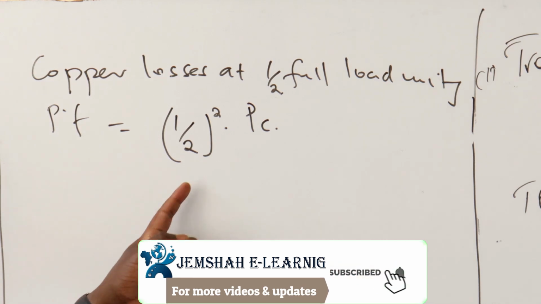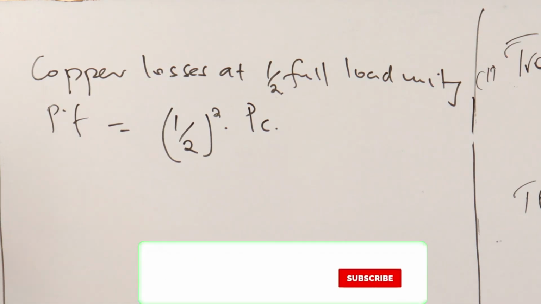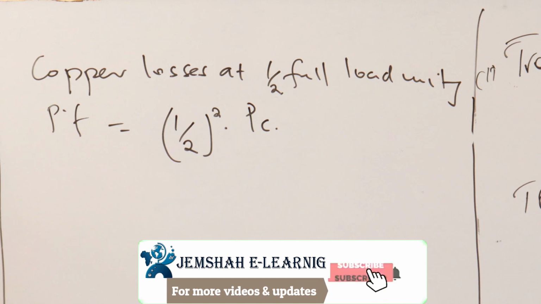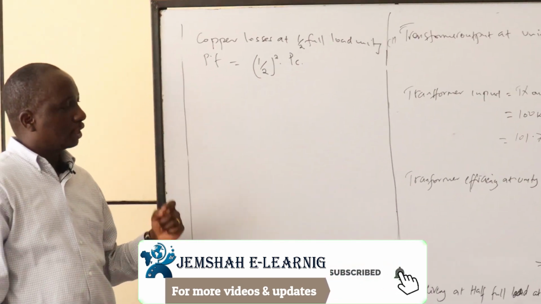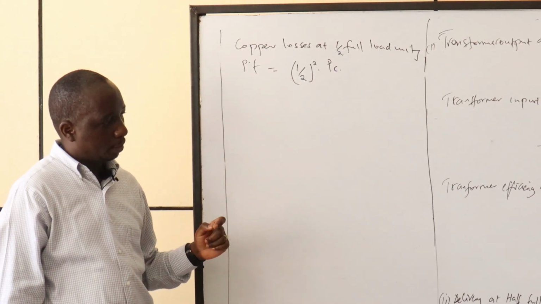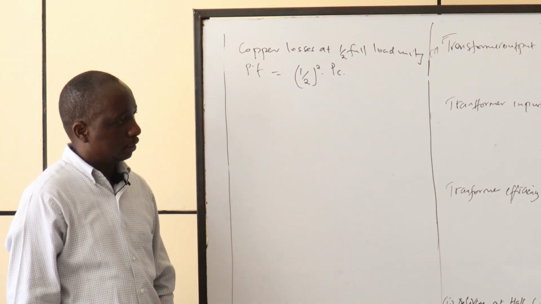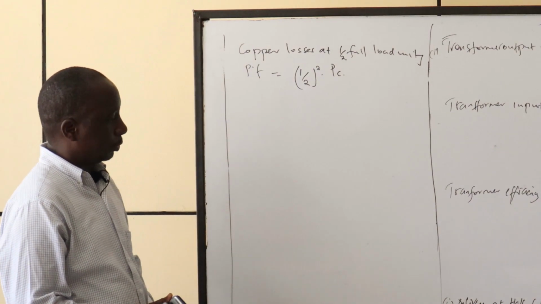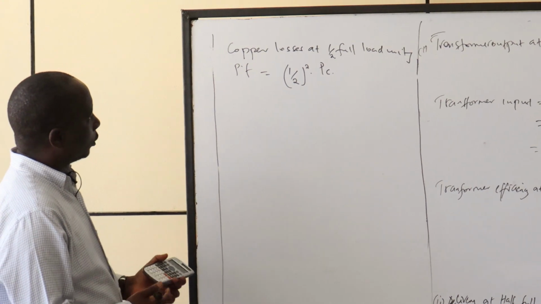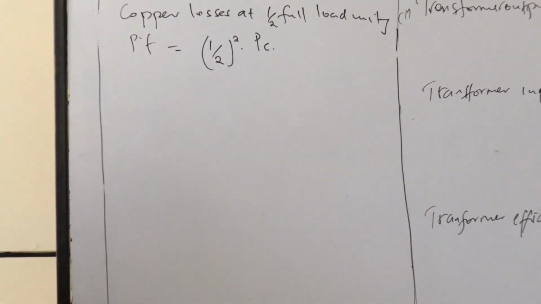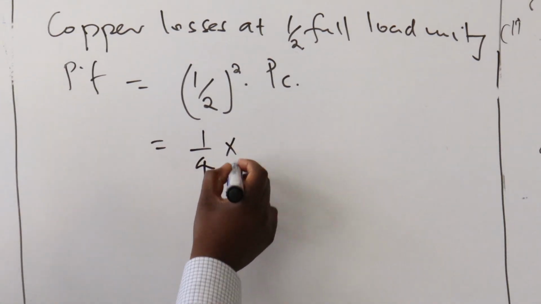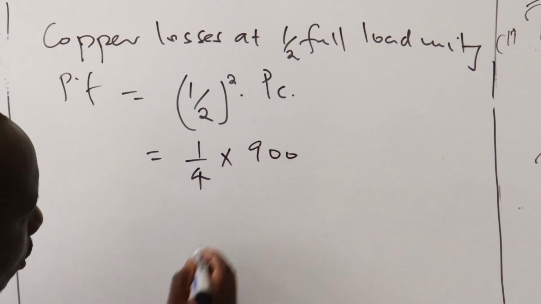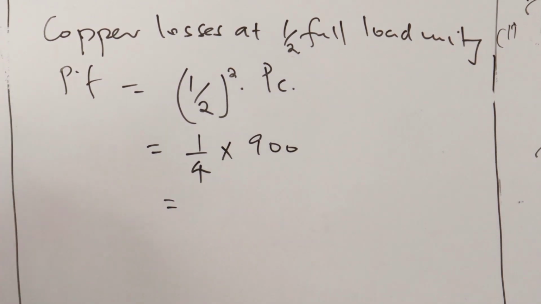We have a half because copper losses are a function of I squared. As a result, the factor determining this is the load at which we are operating, half load or full load. Since we are operating at half full load, we shall have a half squared, which is a quarter, times the PC of 900.